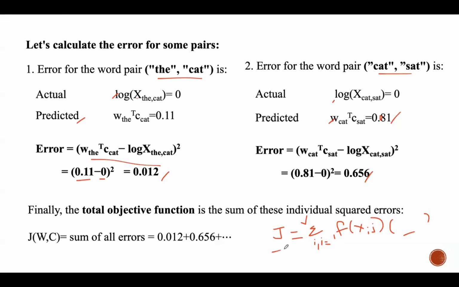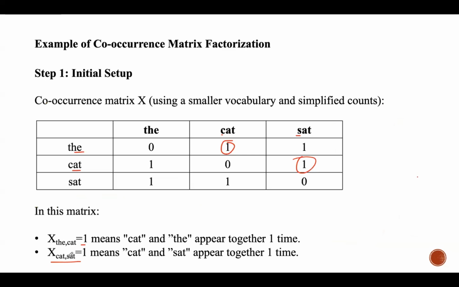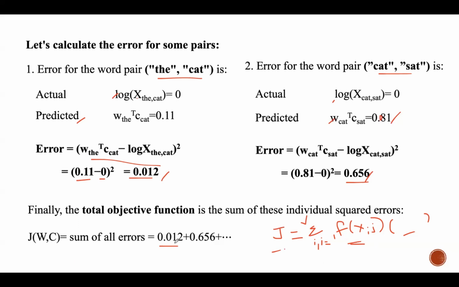This gives you the total objective function J. Here the f of Xij value is equal to 1 for both the pairs, the cat and cat sat. You can see that X the,cat equals 1 and cat,sat is also equal to 1. So f of Xij value is 1. We are adding all the values together, so no need to consider this f of Xij separately. We did this only for two pairs, and we need to repeat the same thing for all the pairs present in the vocabulary. If you add all the error values together, we get the total objective function.